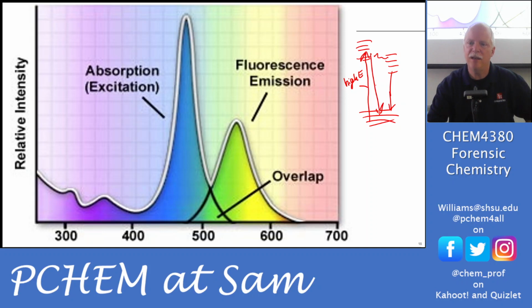It comes down and hits a level that's higher in excitation. And so this is low energy. So the excitation is always higher energy than the fluorescence. Okay, so high energy, short wavelength.